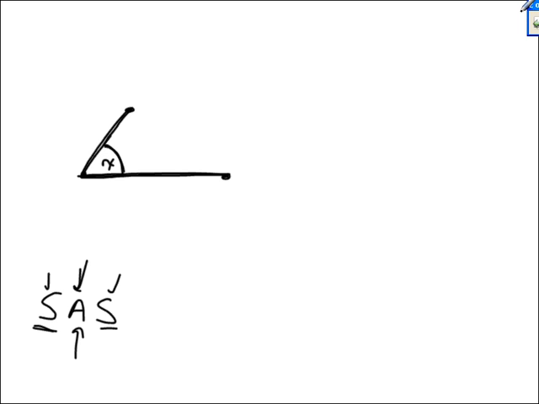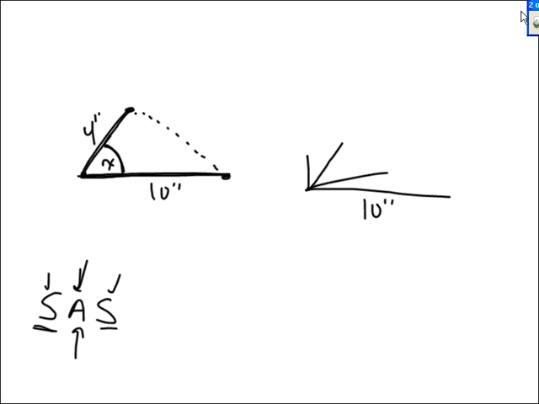Well, there's only one third side, and it has to be that one. If I draw another triangle, if this is 10 inches and this is 4 inches, well, I have my 10 inches, and my 4-inch side can go here, or here, or here, or there, or can it?